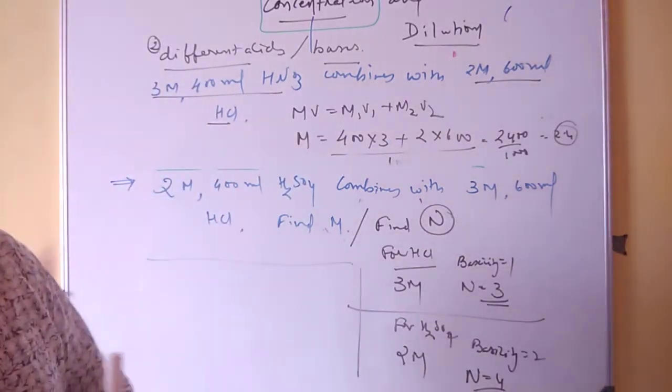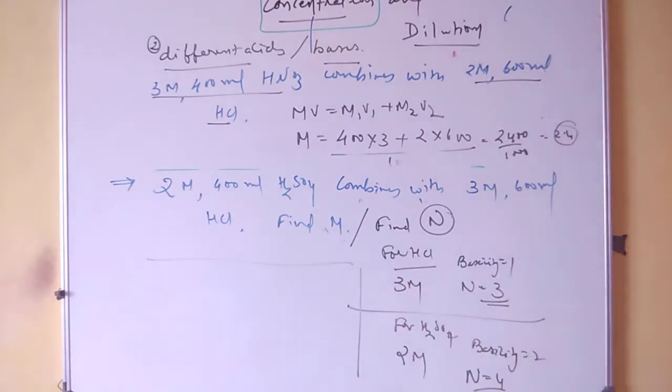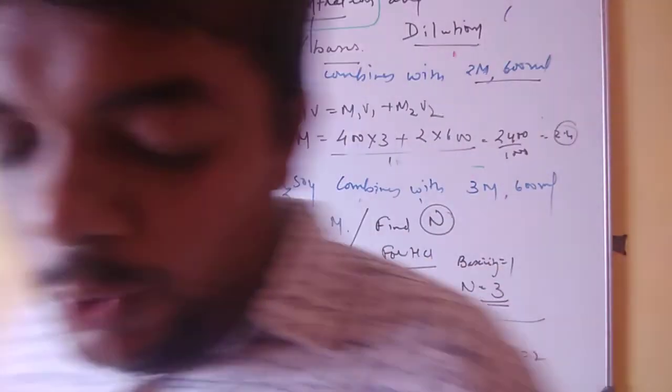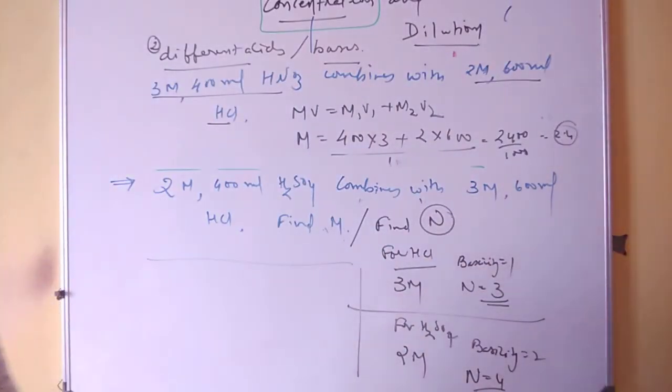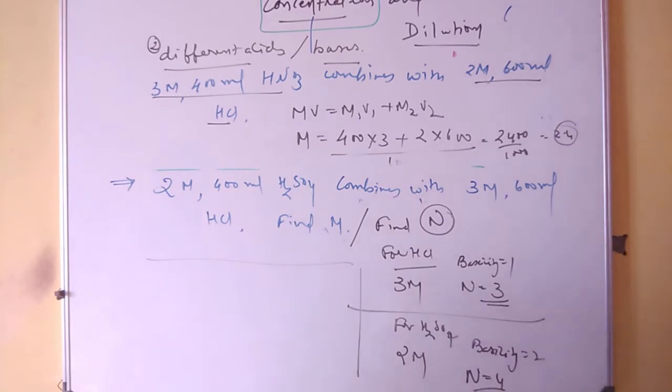This is how it works. So keeping these things in mind, we all are supposed to solve such kind of questions, and they are very, very important. We are supposed to do these kind of calculations when it comes to concentration and dilution.